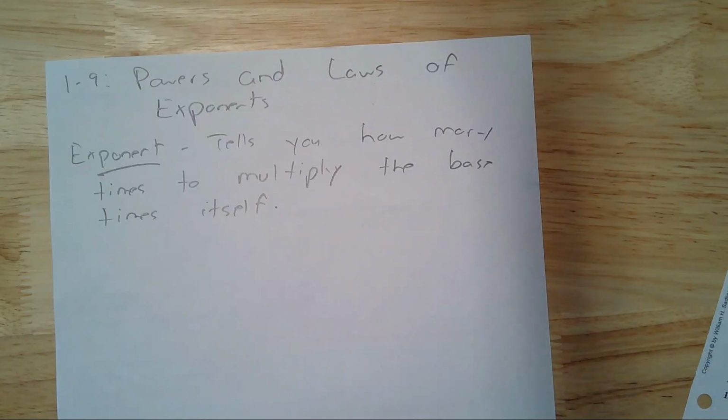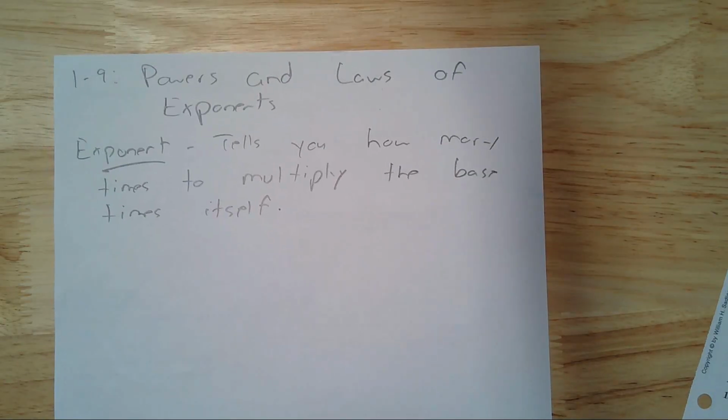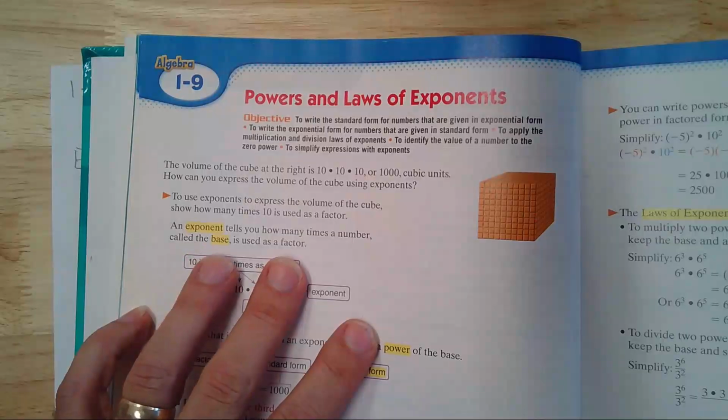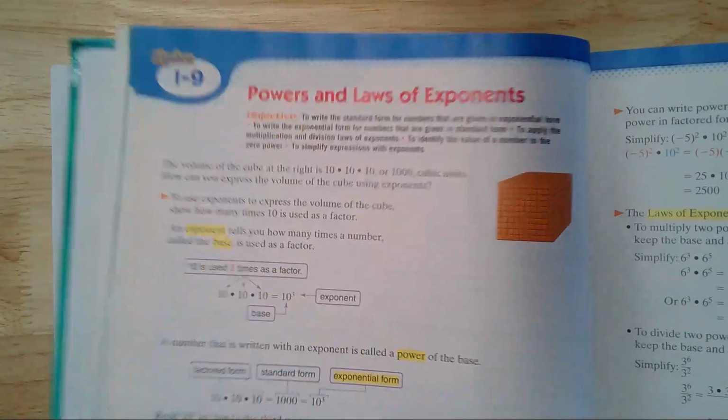Tells you how many times to multiply the base times itself. As the books say, an exponent tells you how many times a number called the base is used as a factor. So that's how the book says it.